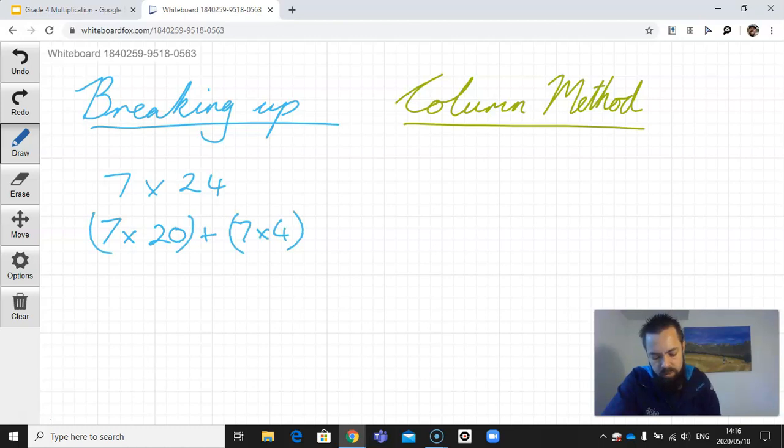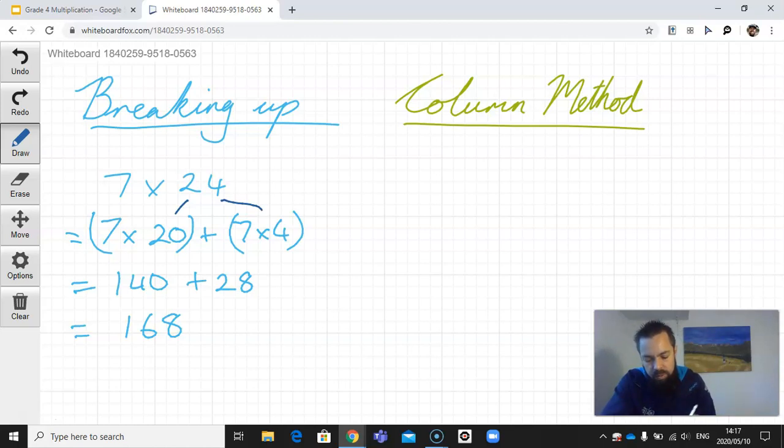So all I did was break my 24 into 20 and 4. 7 times 20 is 140, plus 7 times 4 is 28, equals 168. So there we go. There's that method.